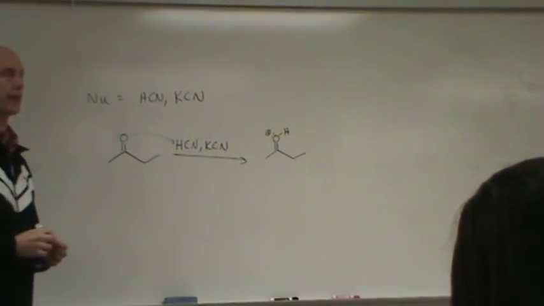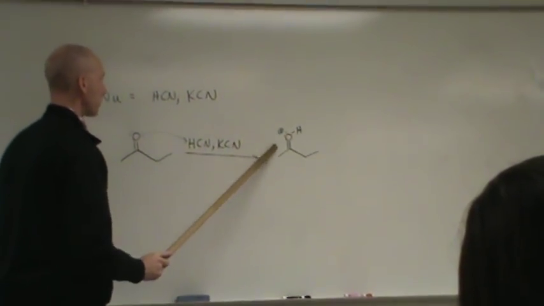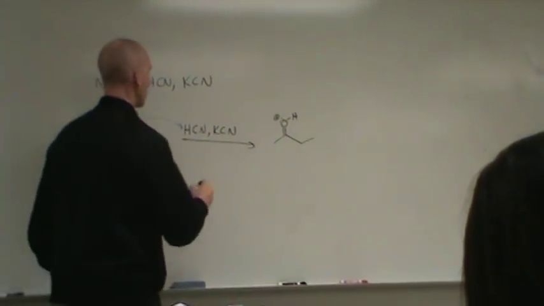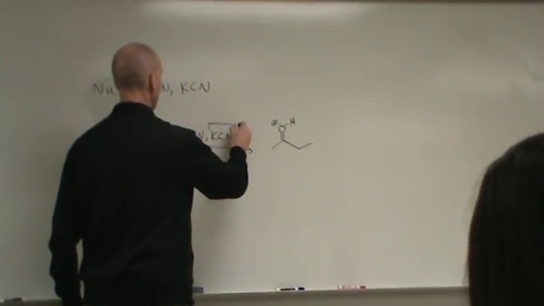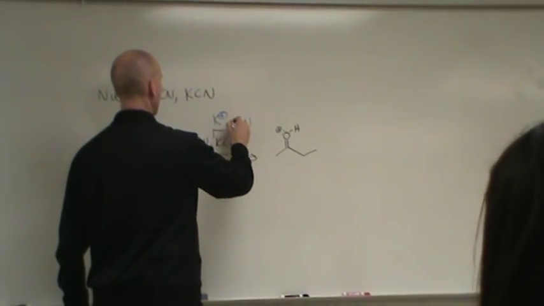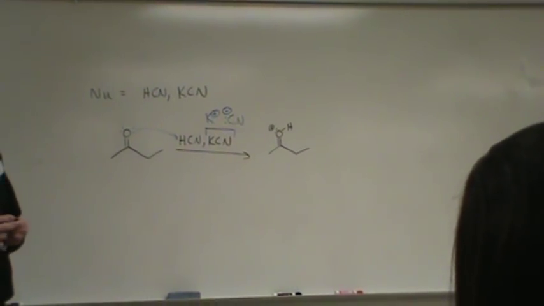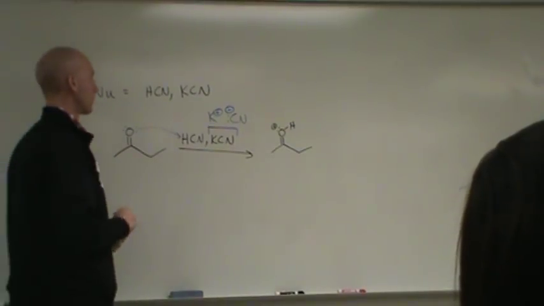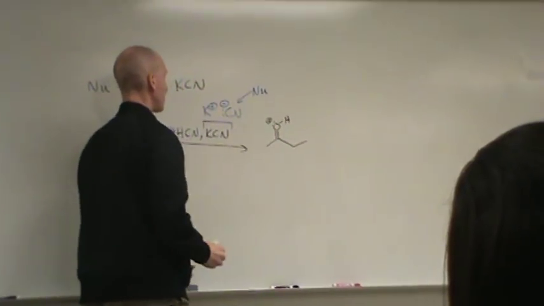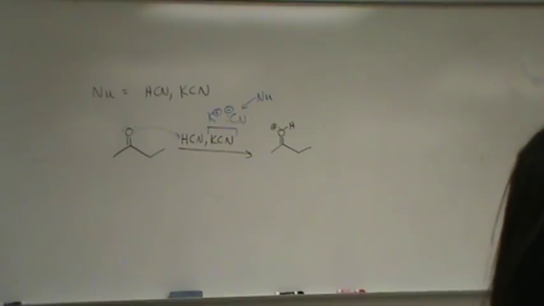So again, we have activated our carbonyl by protonating it. KCN is a salt that can then split up into its ions. And when it does, the CN minus is what's going to act as our nucleophile in this case.